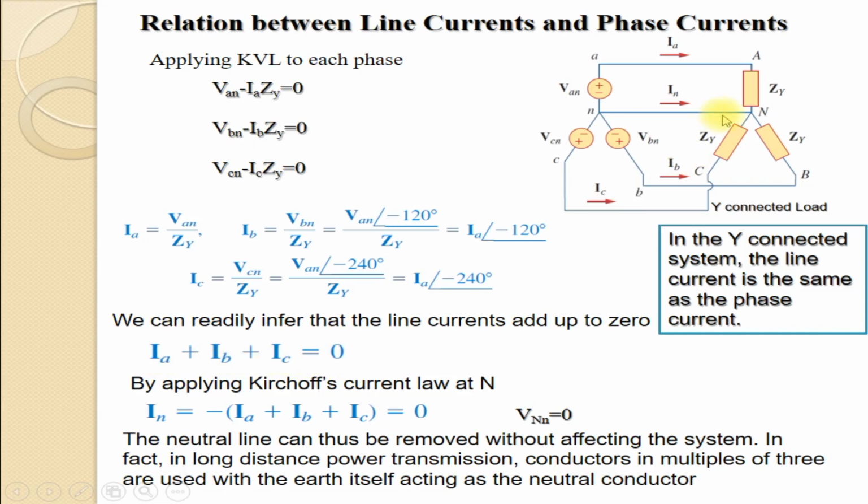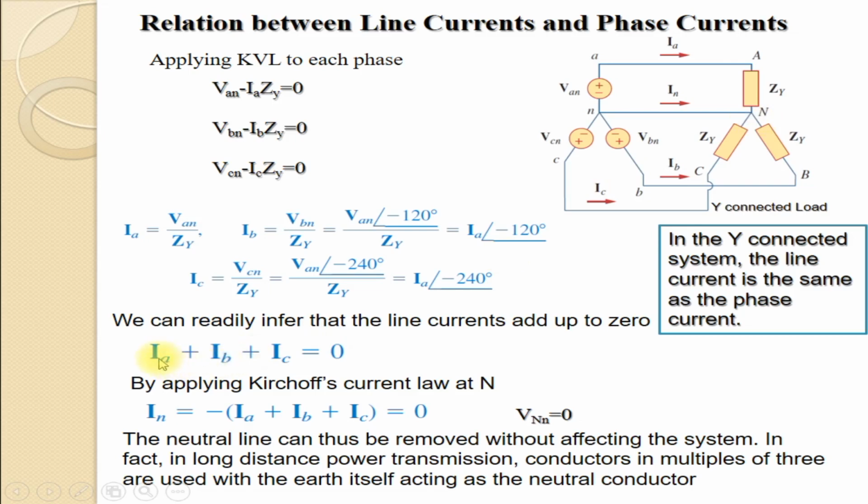That means if you apply Kirchhoff's current law at this point, IA is coming to the node, IB is coming to the node, IC is coming to the node, and IN is also coming to the node. Applying Kirchhoff's current law to this loop, you get IN plus IA plus IB plus IC is equal to 0.